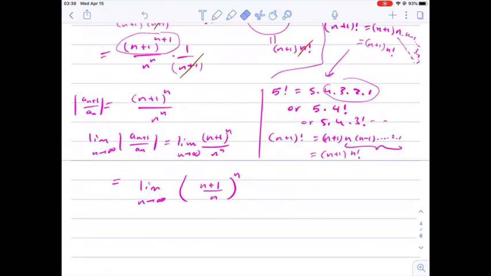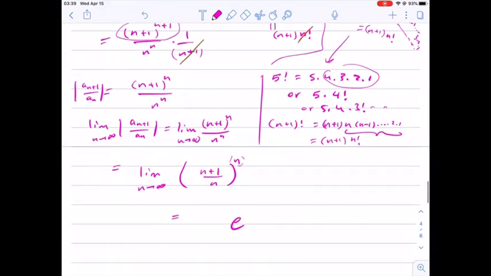But in this case, we can't just substitute the limit into the base because the power is n. It's not constant, so it still depends on n. So in this case, we can apply L'Hopital's rule, because if we substitute infinity, we get 1 to the power infinity. So we can convert this into one of the L'Hopital's rule forms.